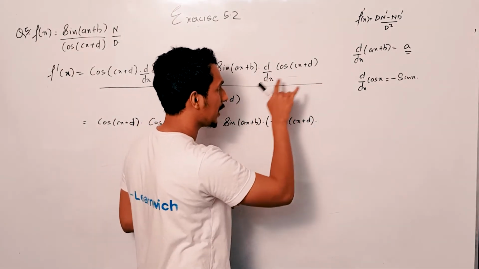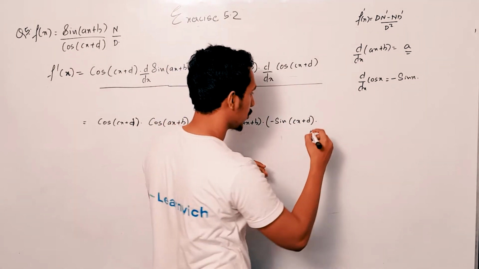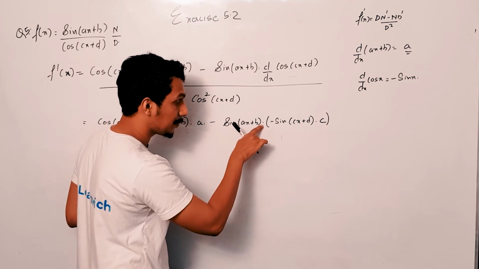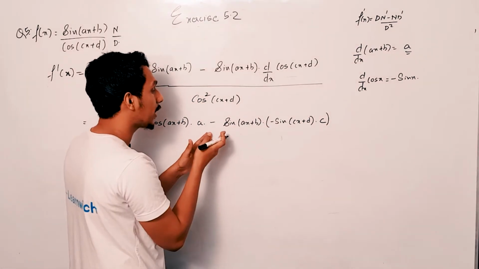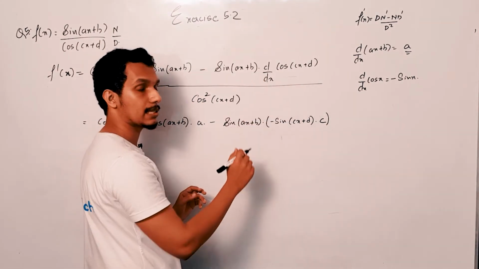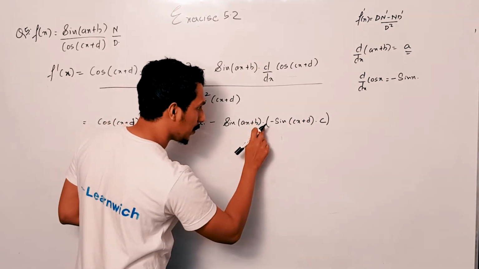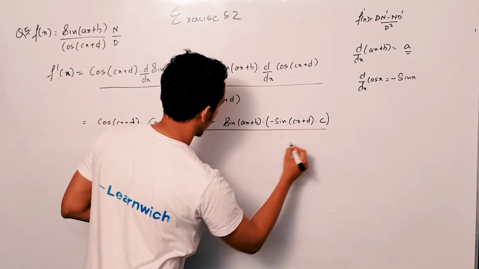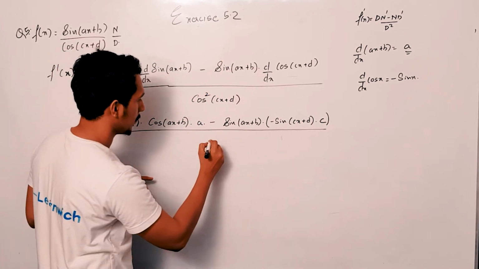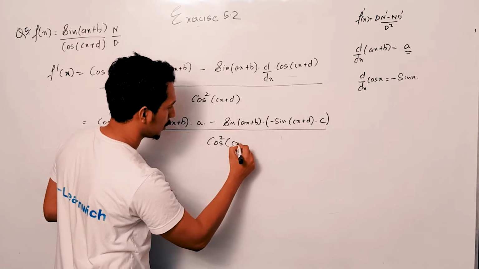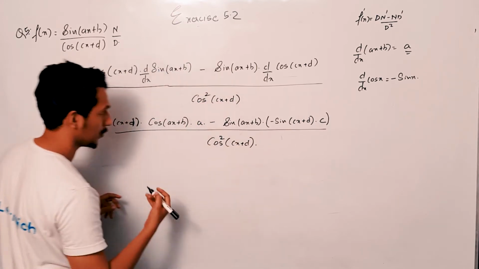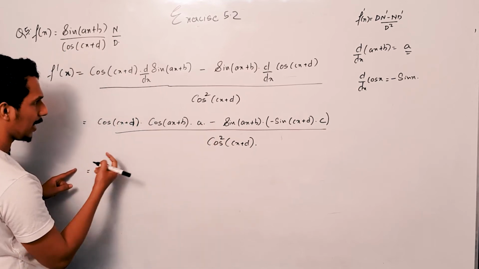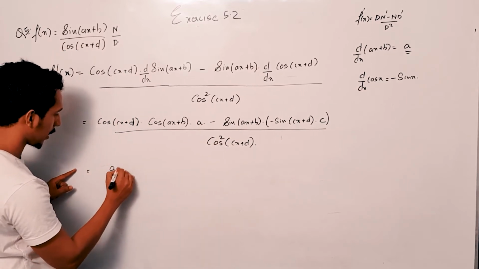You have to apply d by dx to the inside also, chain rule. So d by dx of cx plus d will be c. This is multiplied by minus sine x. Don't write it as sine ax plus b minus sine cx plus d, that's different. This is multiplication of minus sign, and the whole divided by cos square cx plus d. So simple. Now this is a negative into negative, this becomes positive, and when you rearrange things, you get a cos.